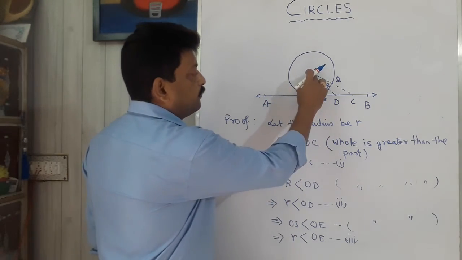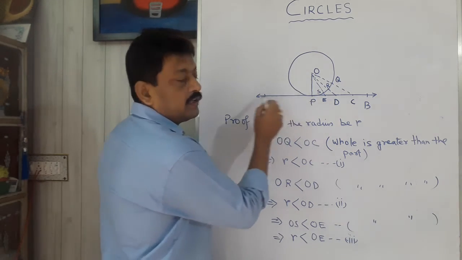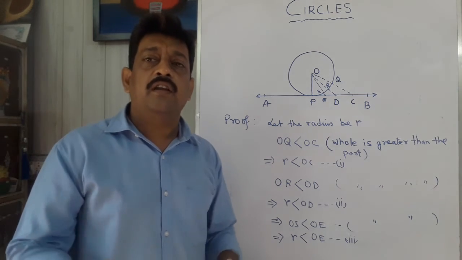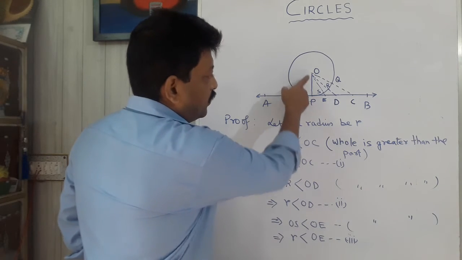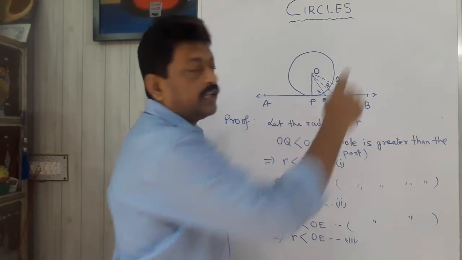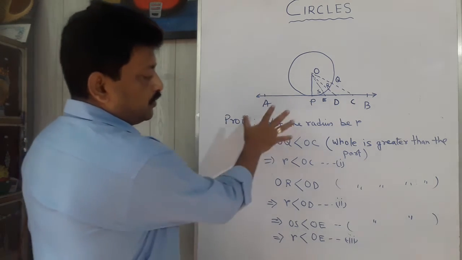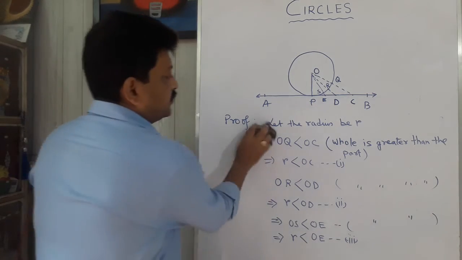The radius will become smaller than the distance between the center and that point on this tangent AB. Therefore, we can say that radius is the shortest distance from the center to the tangent. Okay? So this much is clear to you, I hope so. Let me erase this.